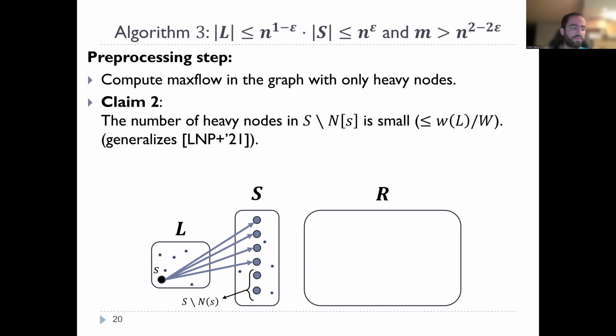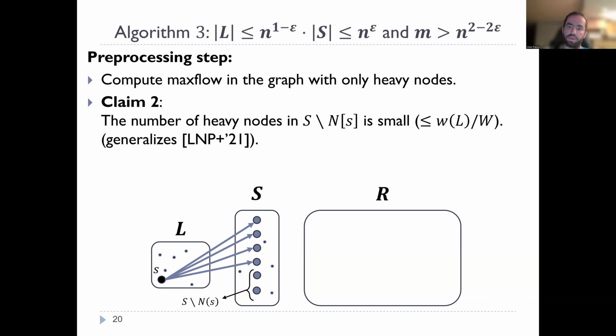The reason for that is that if we consider the maximum flow from S in L to a node in R, and then we consider the flow path decomposition, every path from S that goes through those nodes in the separator without the neighborhood of S must go through a node in L, and so it couldn't be that their weight would be bigger than the weight of L. And so that's about the weight.